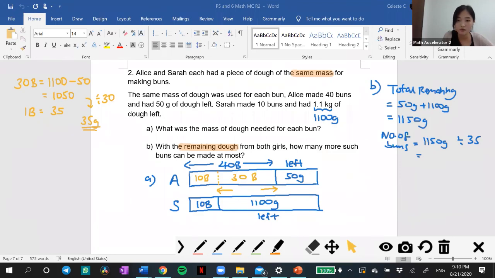So what must you do? You will get 32.86 around there. They're asking you what number of buns can be made at most, right? At most. So is it 32 or 33? Should I round up or round down? What do you think?